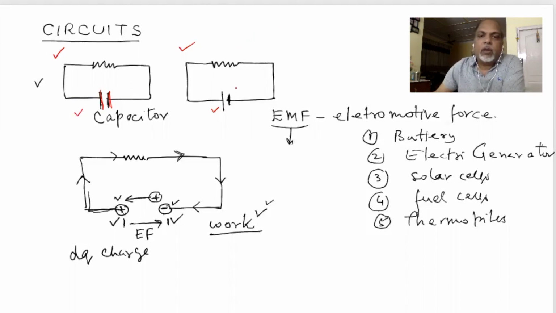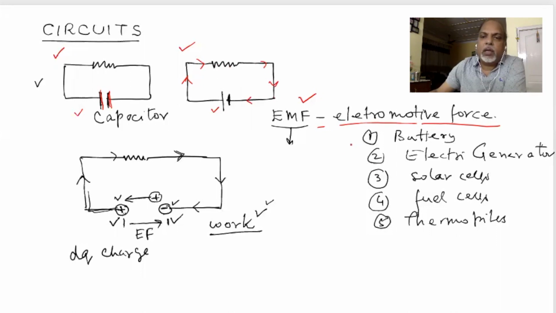Now, for the charges to move in a continuous way, we should have an EMF device. EMF is nothing but electromotive force. This device develops a force on the charges, due to which the positive charge carriers move in the circuit in a continuous manner.